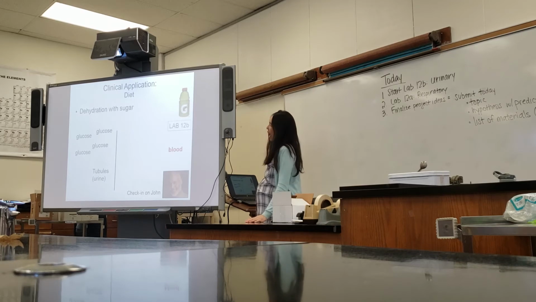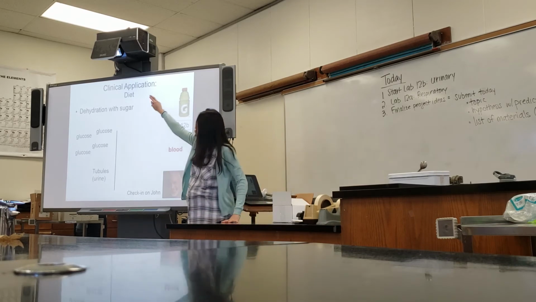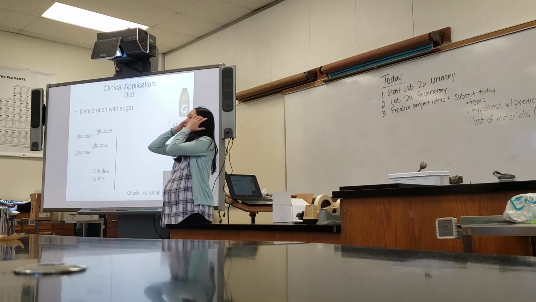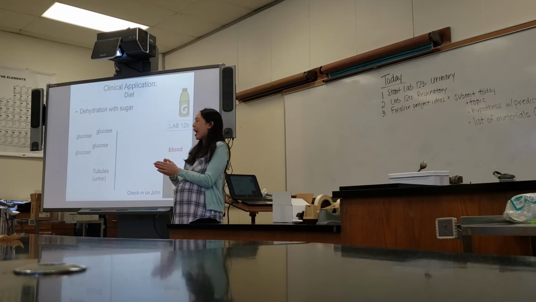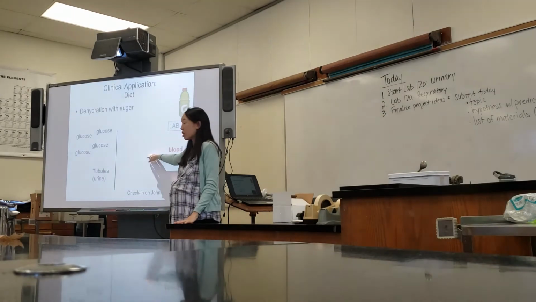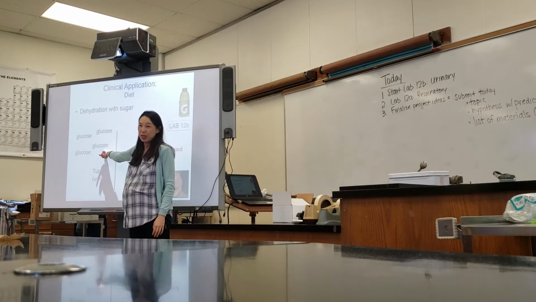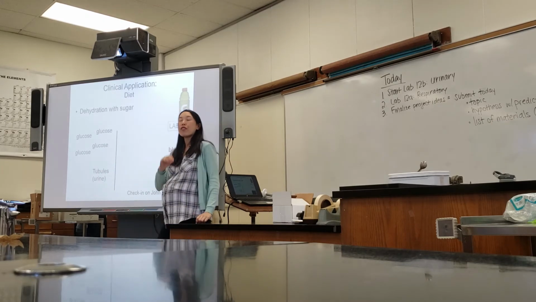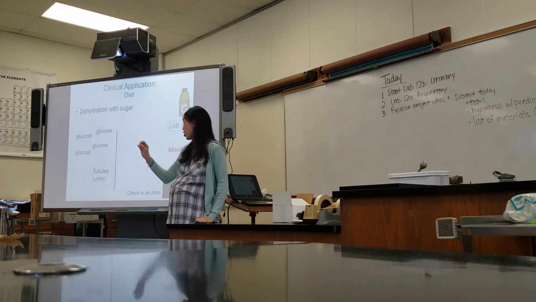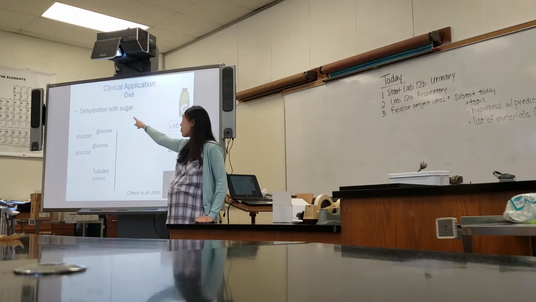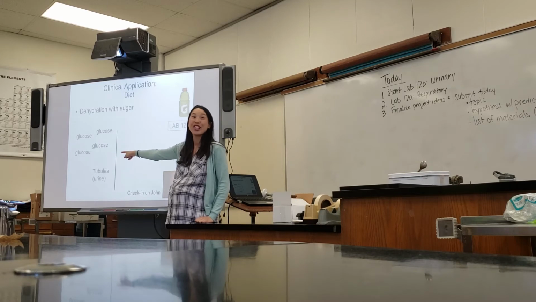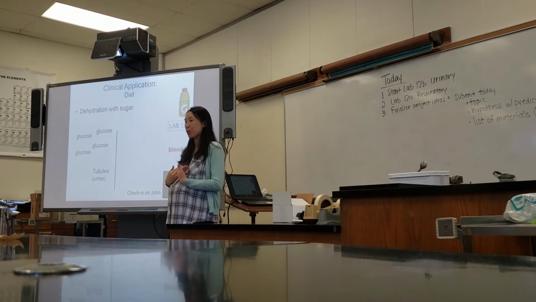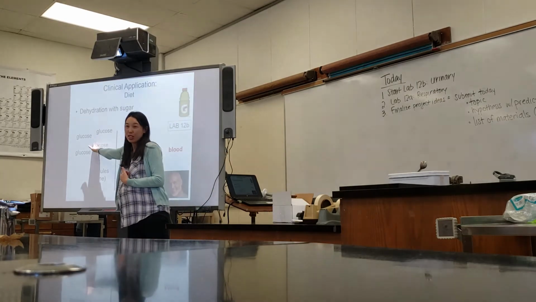When you drink sugar, or if you have high sugar content in the blood, either way, we'll learn in our urinary lecture that sugar, glucose, will go from the blood into the tubules, just naturally. Blood to the tubules. So if you were to check a diabetic patient's urine, you would find a high content of glucose in their urine. Right? So again, you drink or eat the sugar, it ends up in your blood, and from your blood it filters into the tubule.